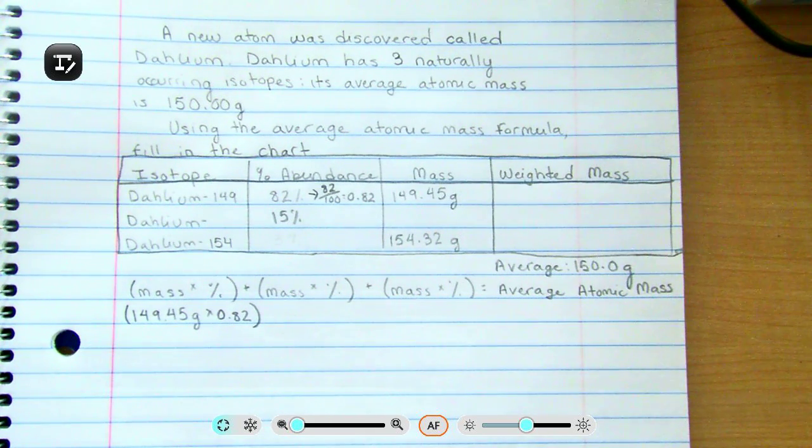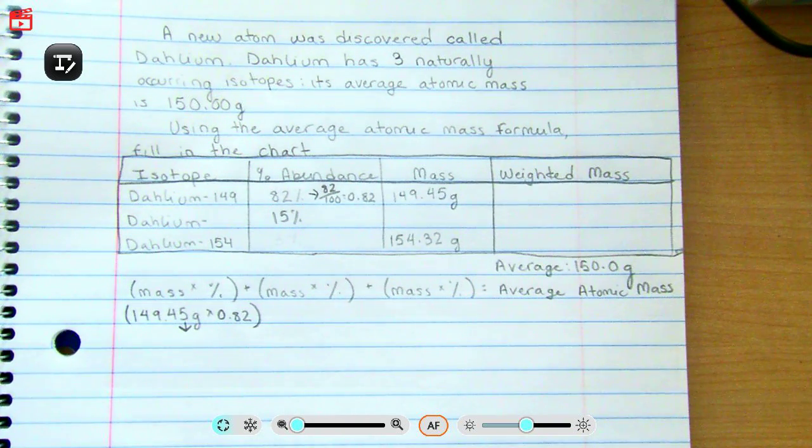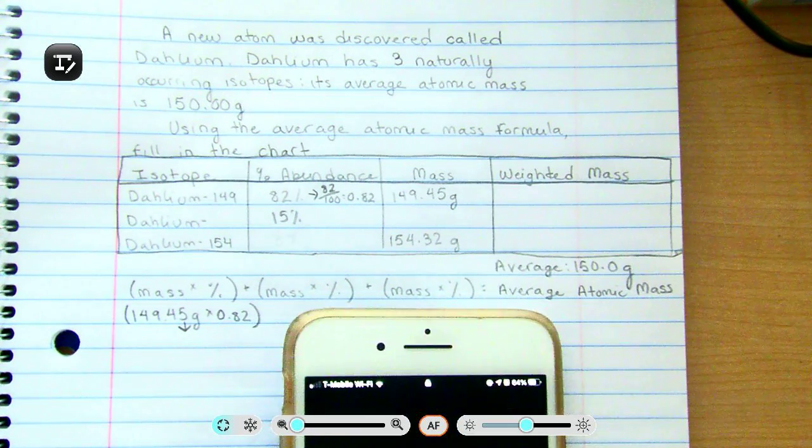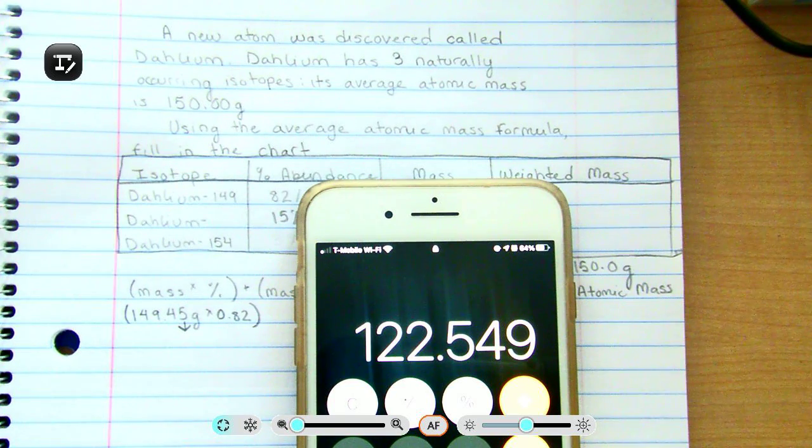When we multiply 149.45 by 0.82, we are going to find dolium-149's weighted mass. This is the mass that is contributed to finding the average. So we're just going to find that right now so we can fill in an entire row. 149.45 times 0.82, we get 122.549.